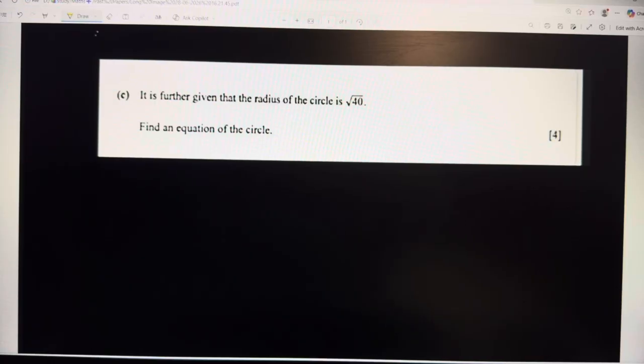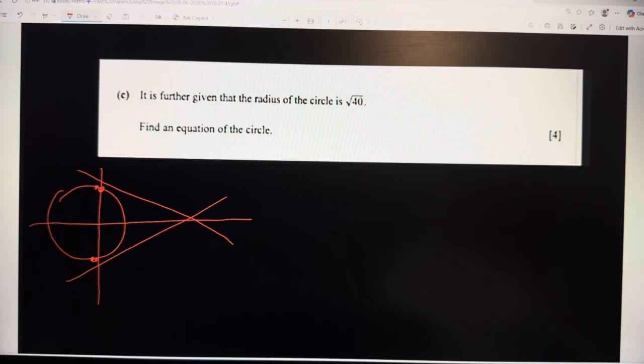Okay, we can try different things, but let's make everything clear. Write every piece of information we know. We know that this point is 16 and 0. We know that this point is the center, a and 0.